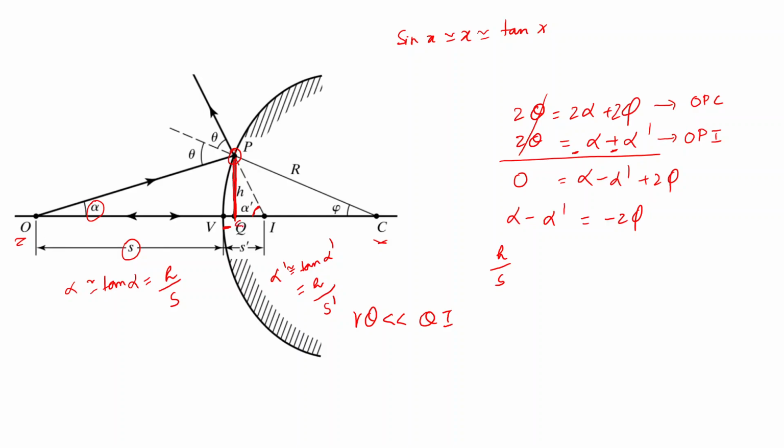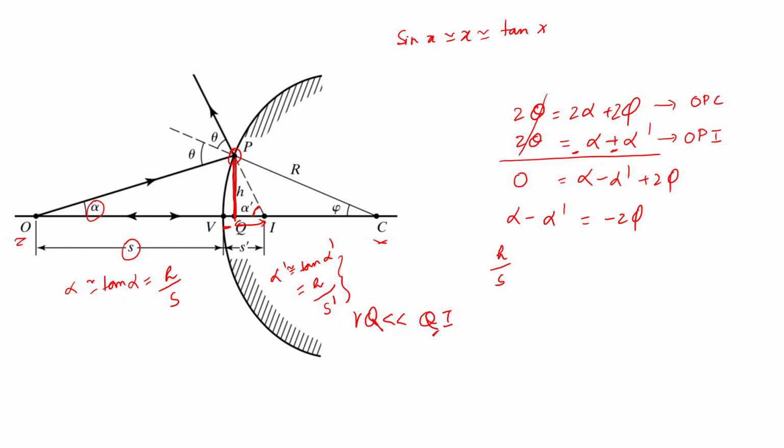By making that assumption, we are writing the adjacent side for alpha prime as S prime. So there are two approximations there.